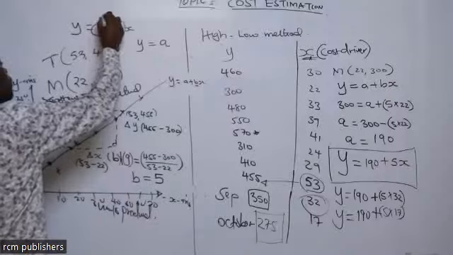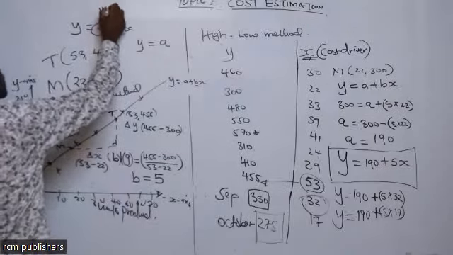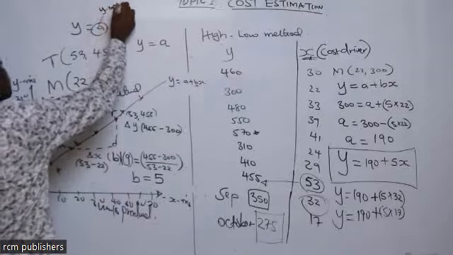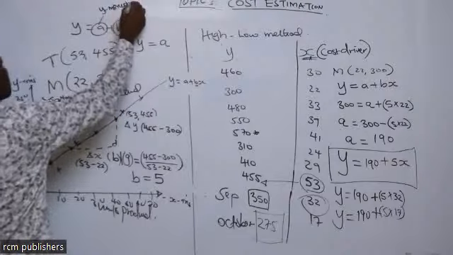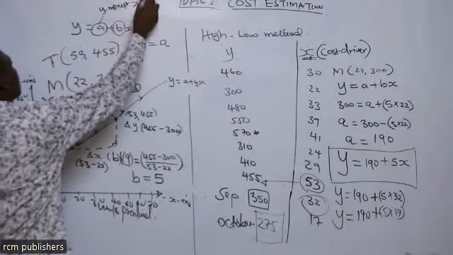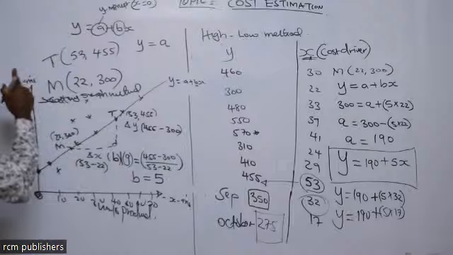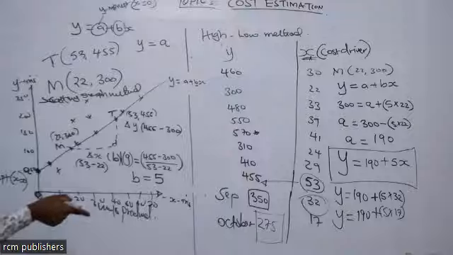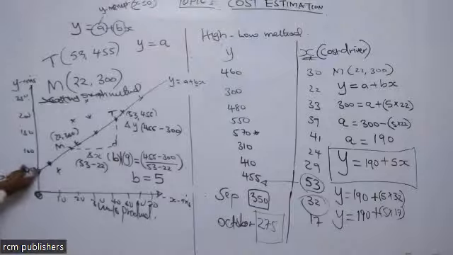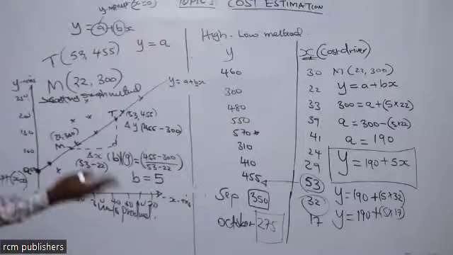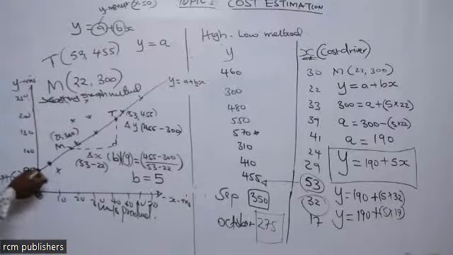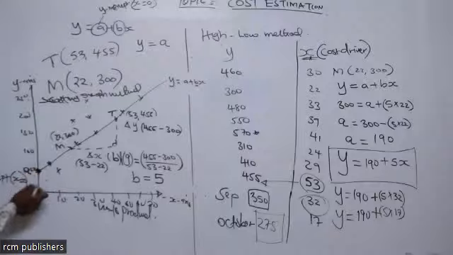The value of A, we say, is the y-intercept. At the y-intercept, x is equal to 0. When it crosses the y-axis, x will be 0. That is the fixed cost. Even if they have not produced any unit, they have already incurred some cost. Of course, as we progress to the subsequent topics, we'll be understanding these types of fixed cost.